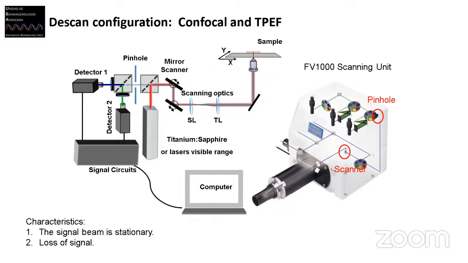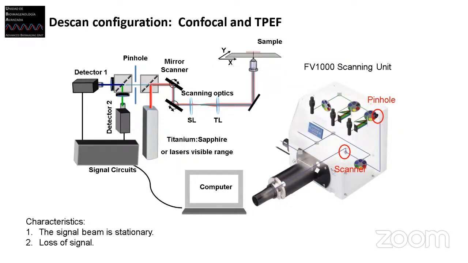When we use descan mode, the light goes through our sample, and then the same optics that focus the light will pick the fluorescence, and the light comes back. And in here, it will split between excitation and emission, and will reach our detector. When the light reaches the detector, in this configuration, the light is quiet, is collimated, is not moving.